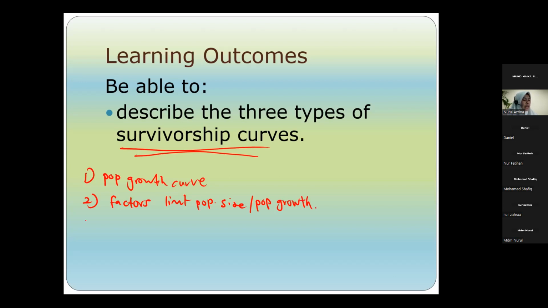Okay, now we are in the third concept, different concept. Make sure you're not confused, right? The third concept is survivorship curve. Okay, population growth curve ada 2, factors limiting ada 2, survivorship ada 3. Survivorship growth curve. Okay, right.